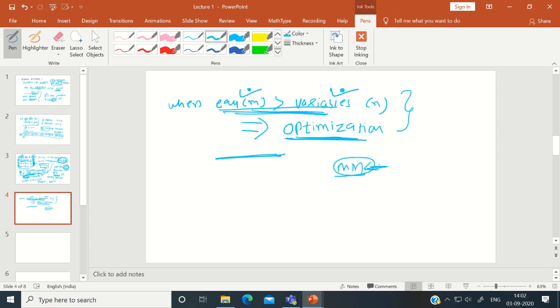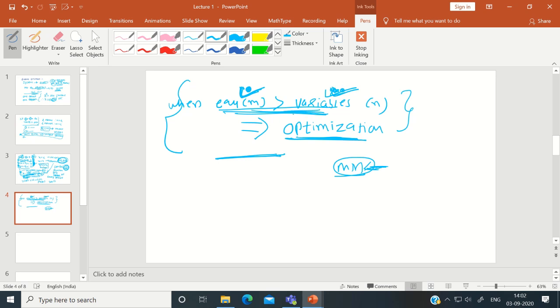In research work also, you can formulate any system, define your variables, and formulate the constraint equations.